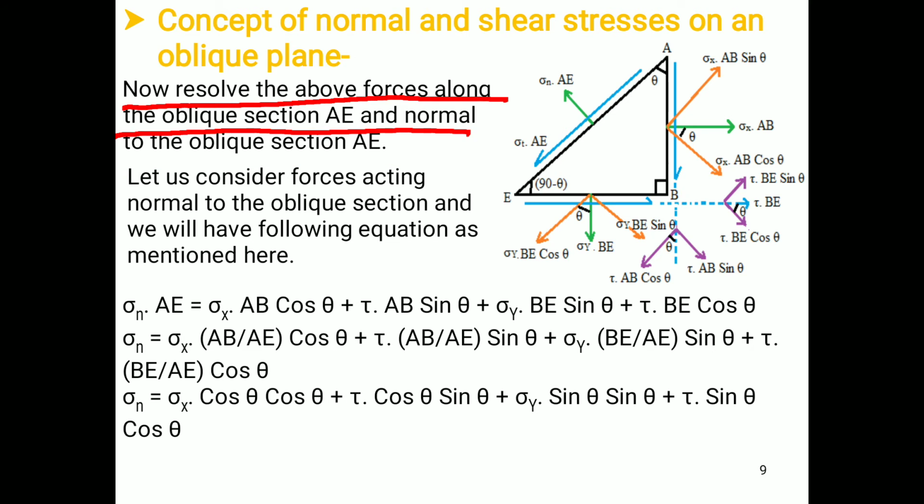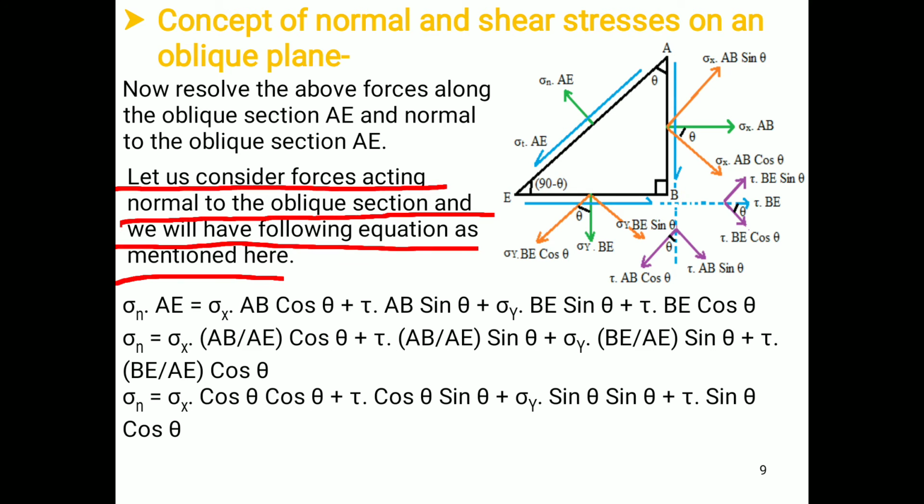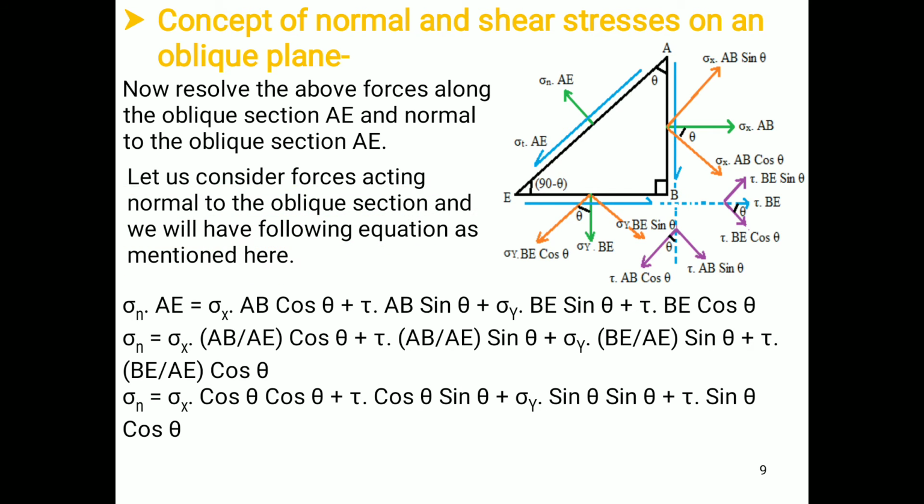Let us consider the forces acting normal to the oblique section, and we will have the following equation as mentioned here. The first equation which we have to consider is the forces acting normal to the oblique section, that is the forces acting along this direction.